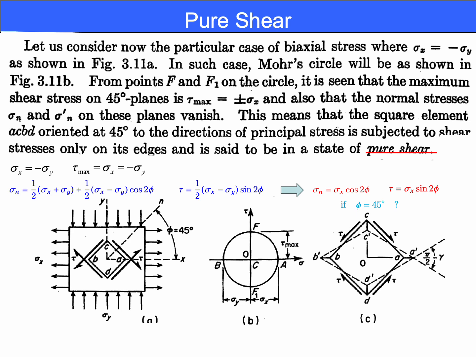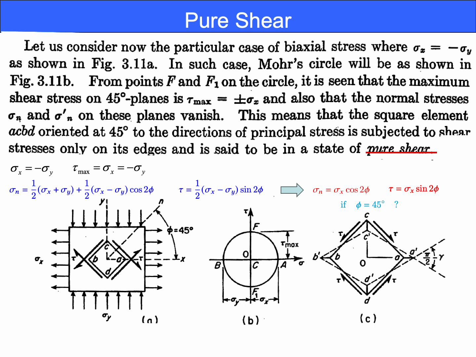By substituting sigma y equals minus sigma x into sigma n, we obtain sigma n equals sigma x cosine 2 phi, and tau equals sigma x sine 2 phi.